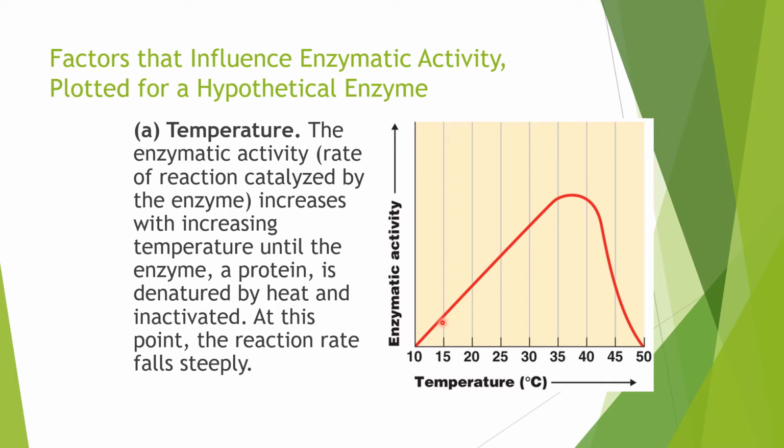What's an example of temperature deactivating a protein? When you cook an egg, the white part of the egg, or when the egg is raw, it's the viscous part. That viscous part of the egg is actually made out of albumin protein. When that albumin protein is heated, it's going to change from being clear and viscous to becoming the white part of the egg.